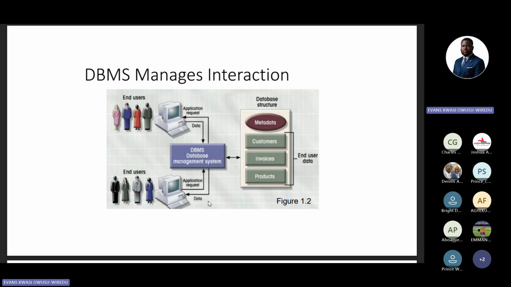So when you have the DBMS, the database management system, what happens is that you can have the various fields. So the fields that I was saying, this is where you see it. So you have fields like what? Customers, invoices, products. So all in one. So you want to fetch data from customers.